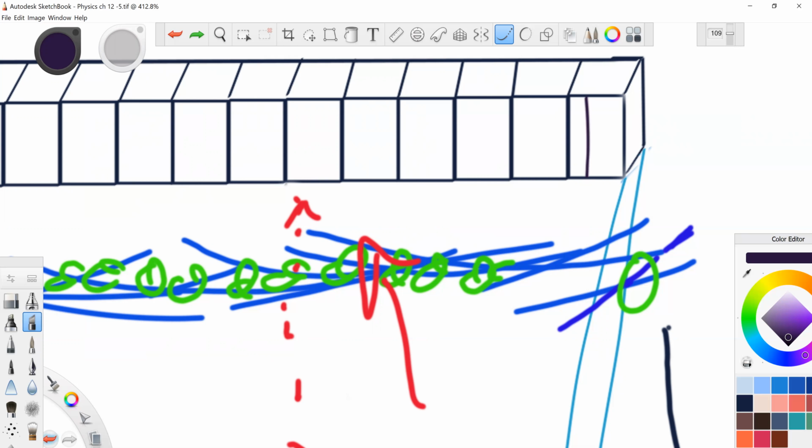Let's say we chop it into 1, 2, 3, 4. So it is sliced in four, but it still acts as one.